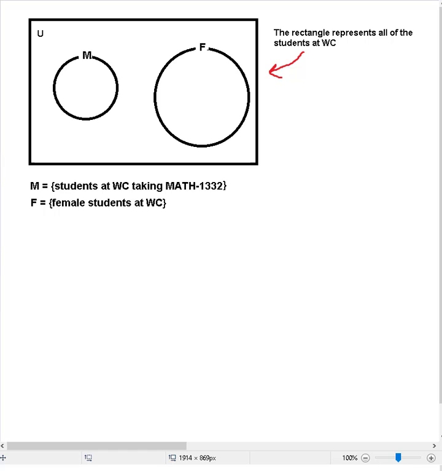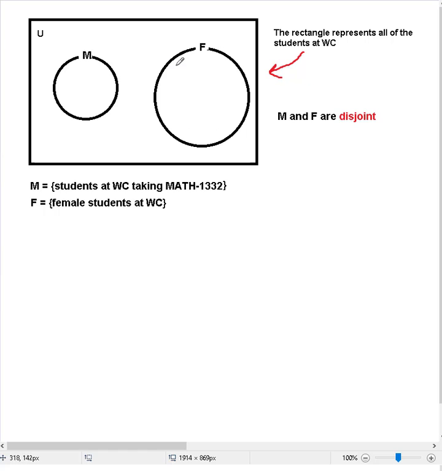Well, what does that mean? It means that there aren't any female students at Weatherford College taking Math 1332. This is how you'd represent that fact in a Venn diagram. These two sets that don't have any overlap at all are called disjoint sets. If you think about it for a minute, who does that leave out here in the rest of U, the universal set?